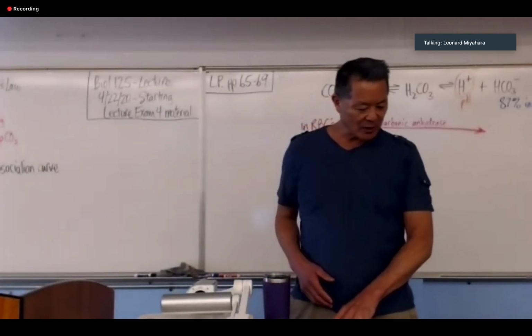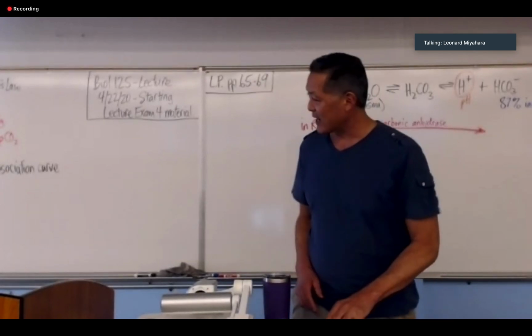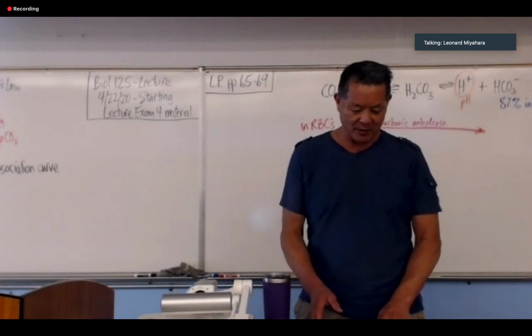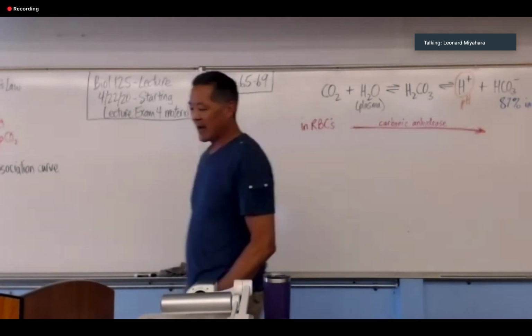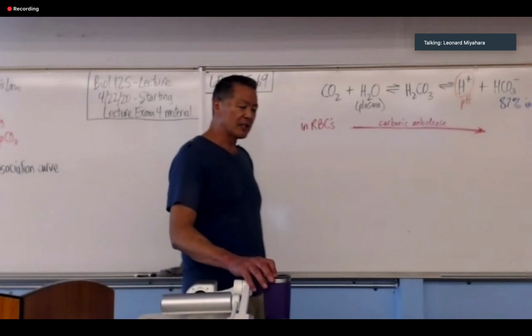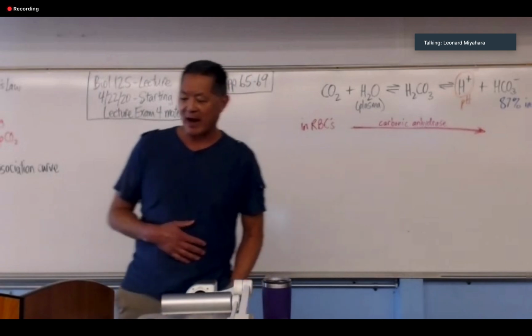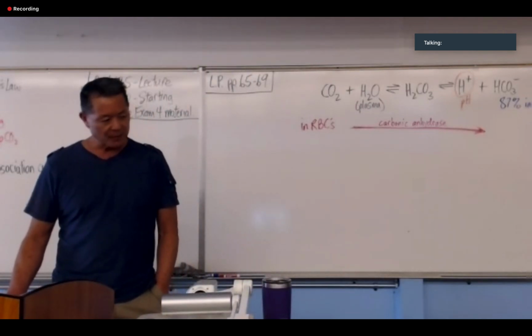Okay, that's respiratory physiology, and now turn to page 69 of your lecture packet, and we are going to cover acid-base metabolism. Again, this does include the respiratory system, but it includes more than that. First, some definitions.